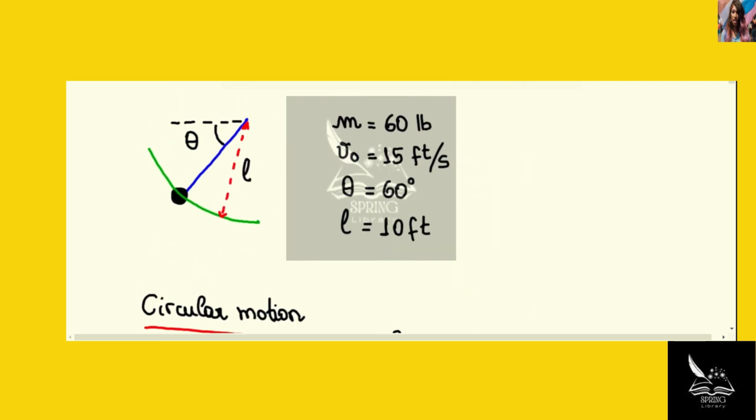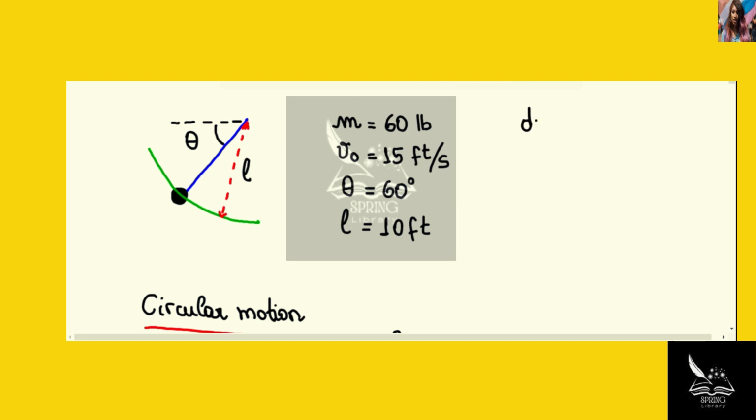So what we have is a boy in a swing. The boy has a mass of 60 pounds, and when theta here in the figure is equal to 60 degrees, the speed v0 of the boy is equal to 15 feet per second. And the length of the swing, and hence the length of the radius of the orbit of the boy, is 10 feet.